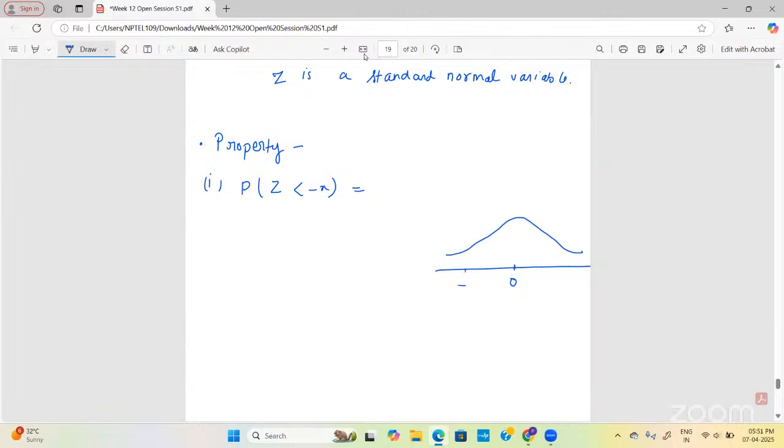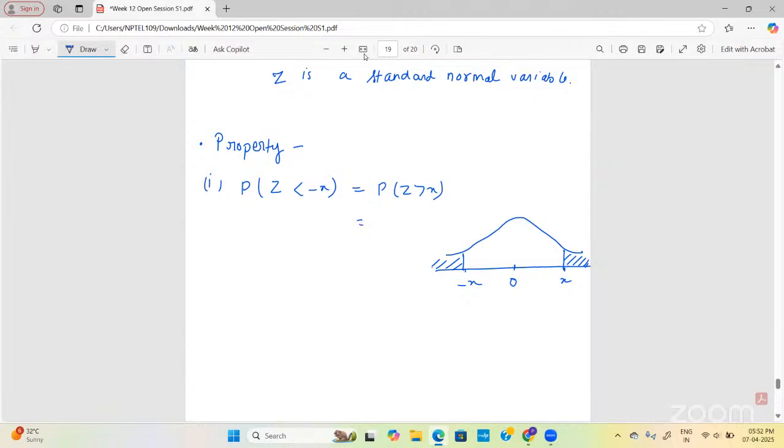So suppose this is minus X and this is plus X. So Z is less than minus X, which means this region. By symmetry, I can write that this region is same as this one, which means probability Z is greater than X, right? Yes, no? Yes, because they are symmetric, right?